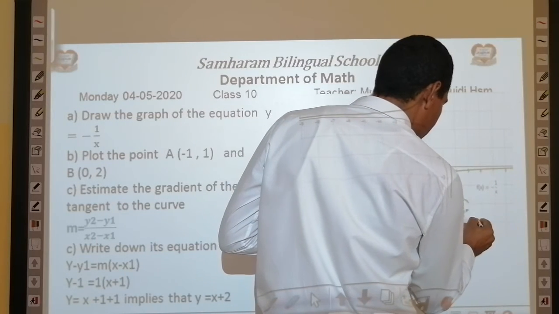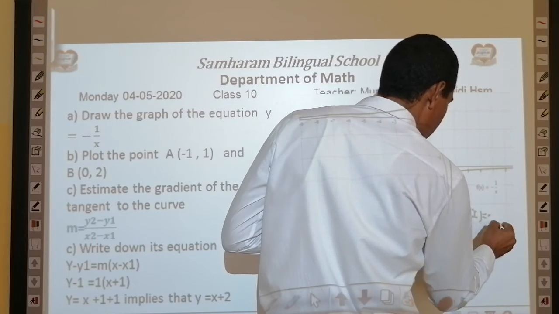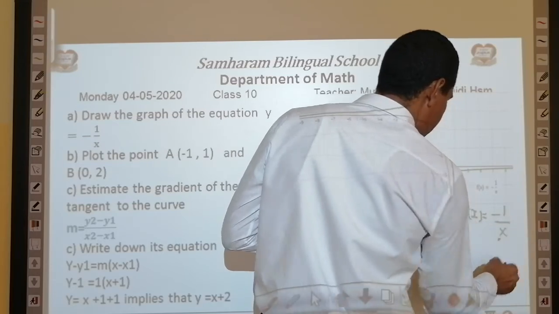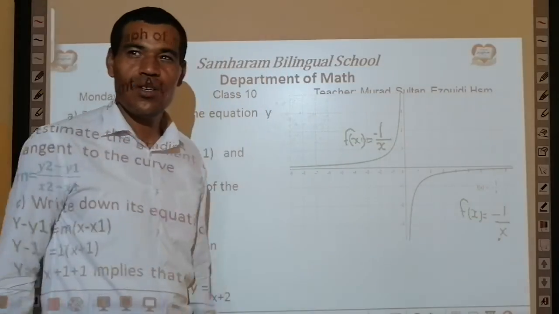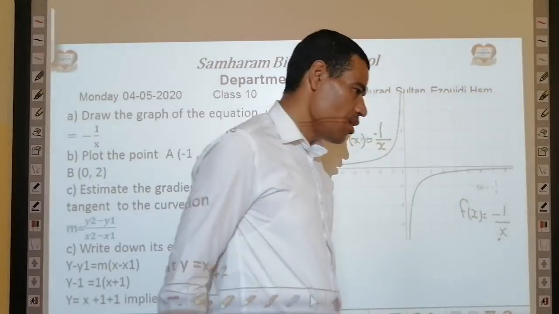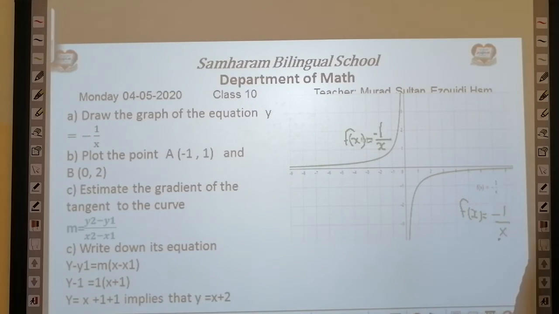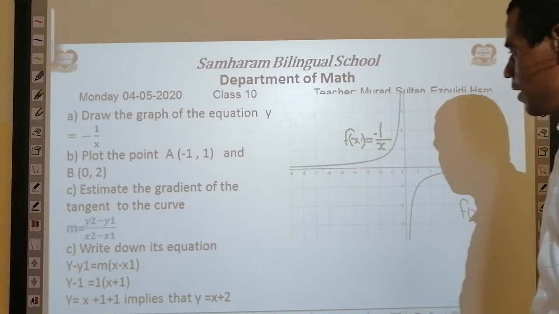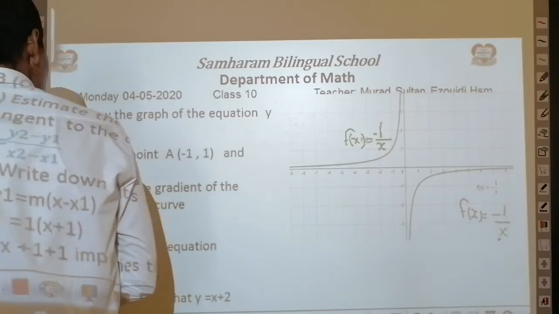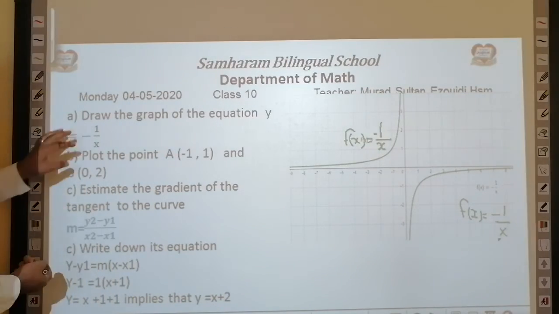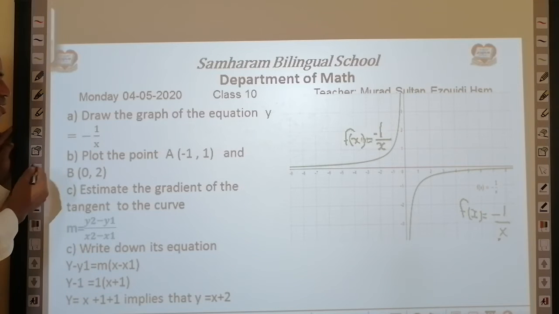I will write it here: f of x equals negative 1 divided by x. This is called what? The reciprocal function, or it's called the hyperbola. Okay. So y equals negative 1 over x, or f of x equals negative 1 over x.